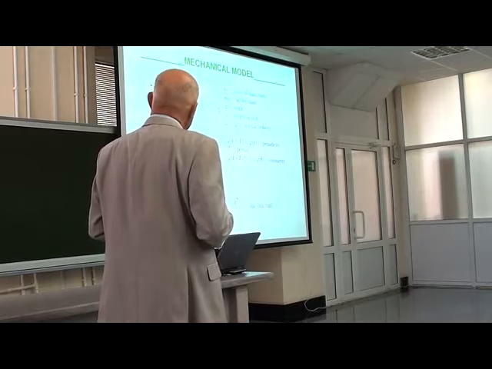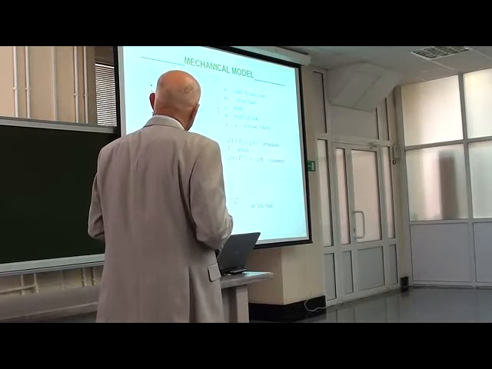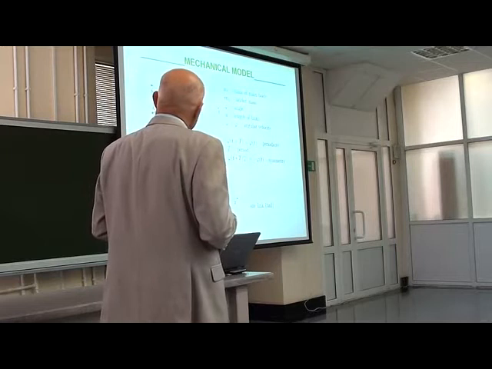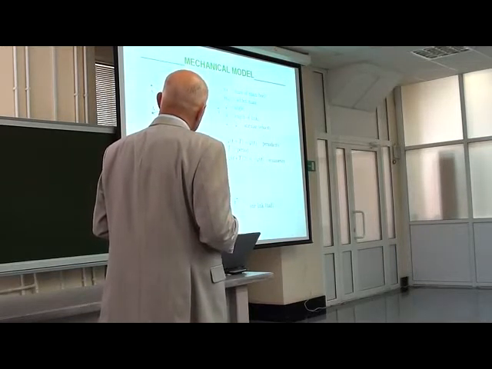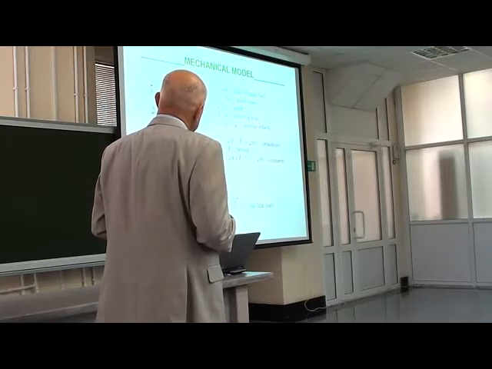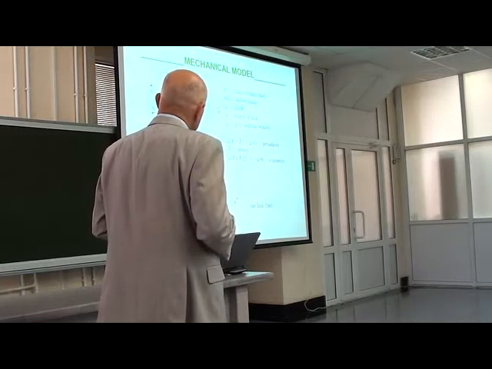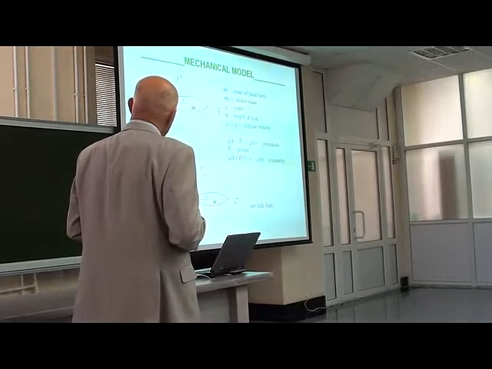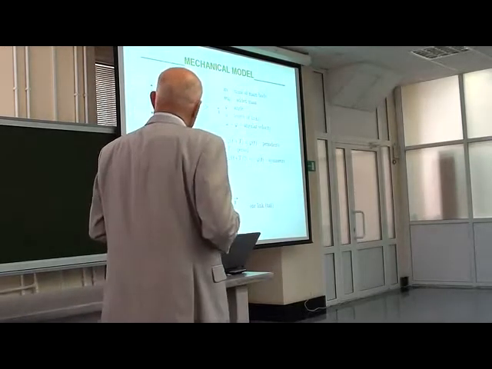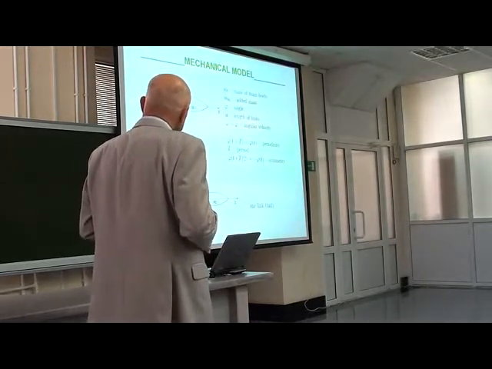And these links are considered to be massless and they have no resistance. So there is the mass of the main body, the added mass of the body in the liquid, and length and angles, angular velocity, and so on. So we assume that the motion of these links is periodic, with period capital T.